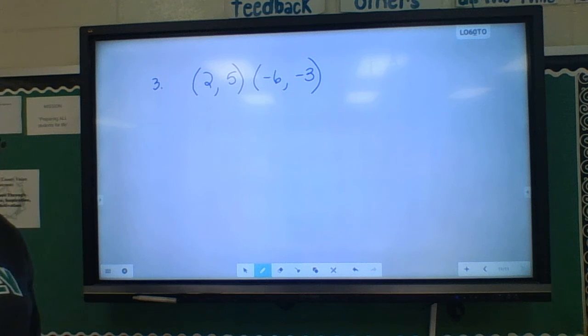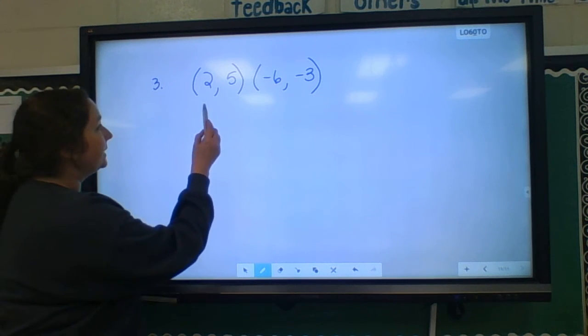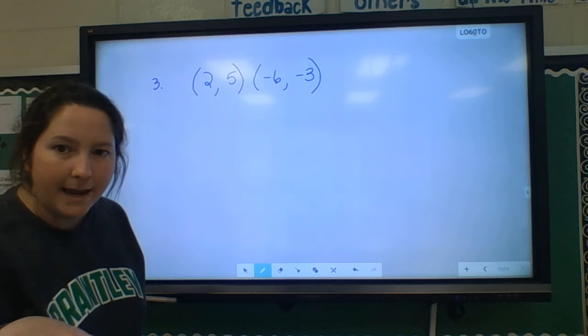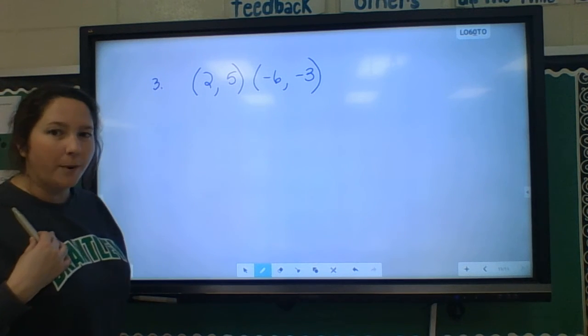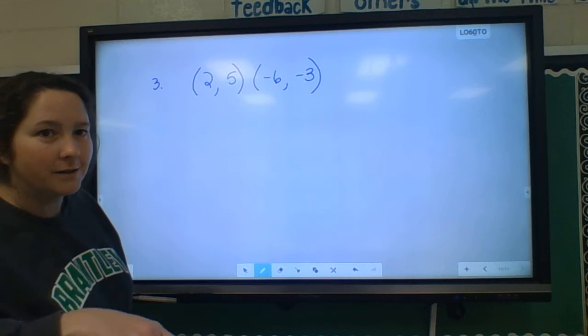Last but not least, number 3: 2, 5, and negative 6, negative 3. First step, label the ordered pairs. How do I label the ordered pairs? I'm glad you asked.